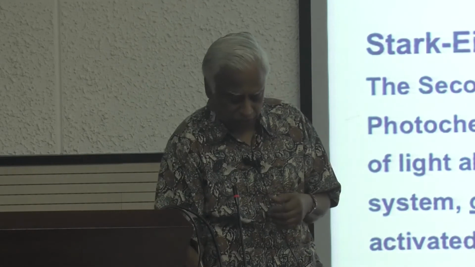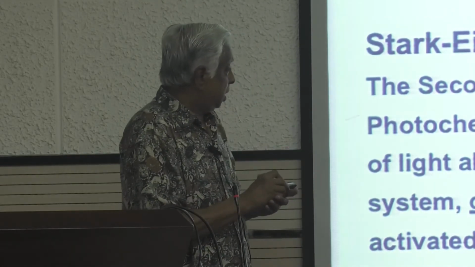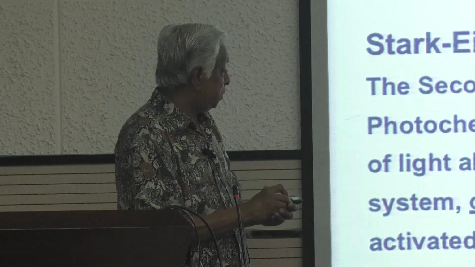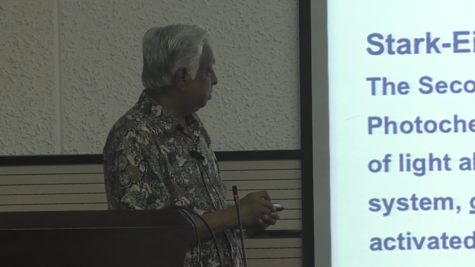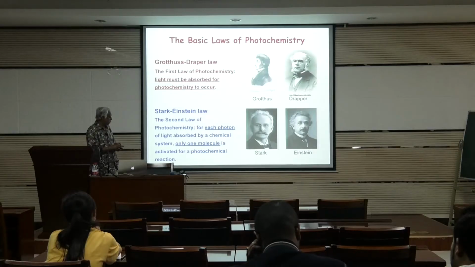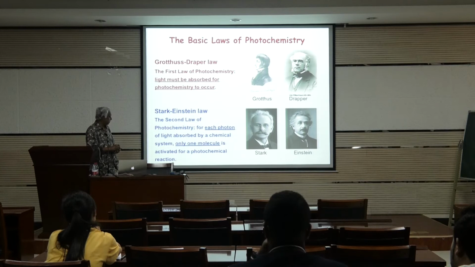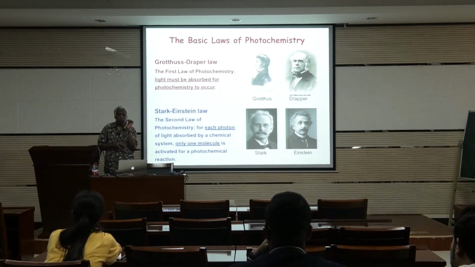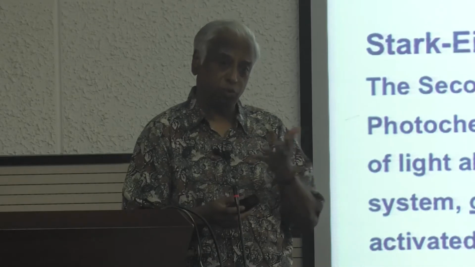Okay. So each photon of light absorbed by a chemical system, only 1 molecule is activated for a photochemical reaction. Only 1 molecule per photon will react. That is what these two people said. This is true.